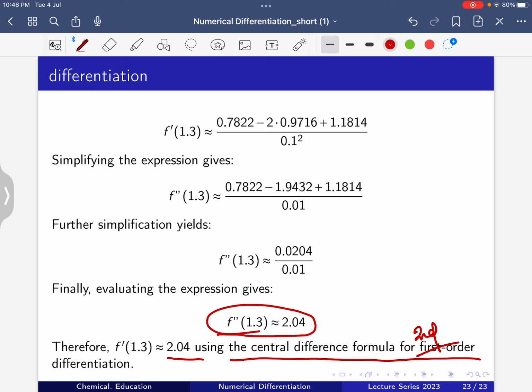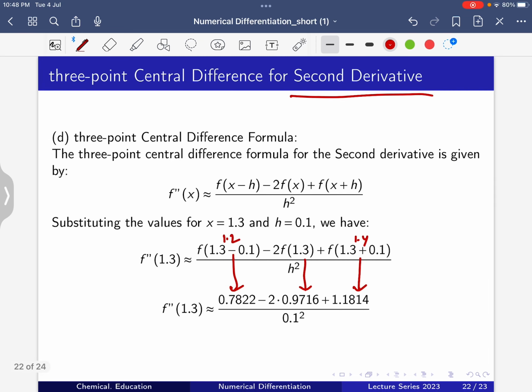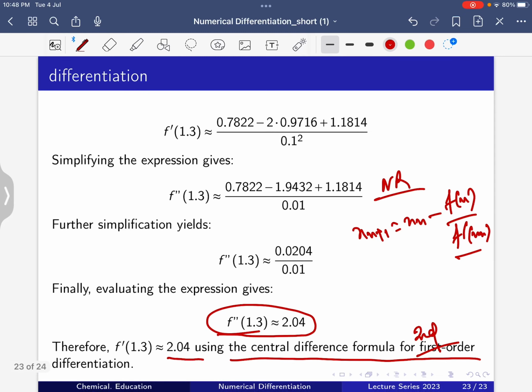This is especially useful when you use the Newton-Raphson method, where x(n+1) is equal to x(n) minus f(x(n))/f'(x(n)). If f(x) is very complicated, then at that time we can use this method, central difference or forward and backward, and we can easily calculate for any function.